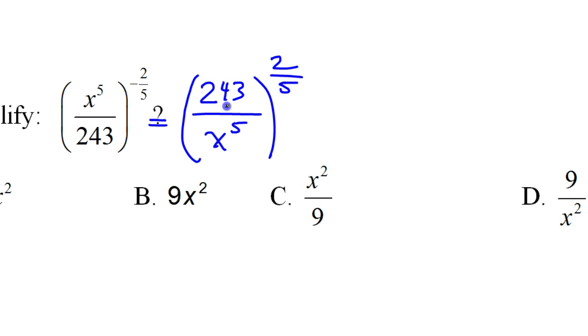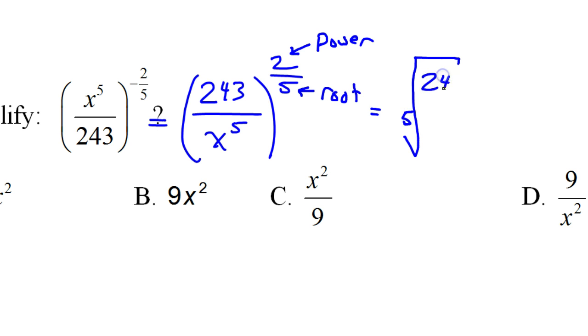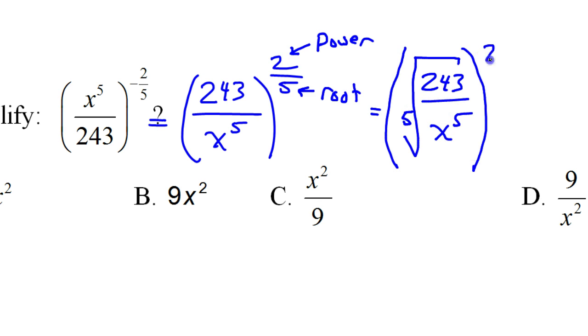Now I would recognize that when I have a fractional power, I've got a power over a root. So this is the 5th root and the 2nd power. So I would do the 5th root of 243 over x to the 5th power, and then I would do the 2nd power.